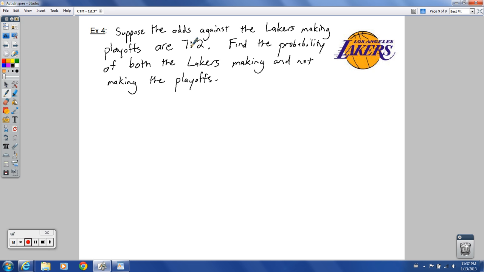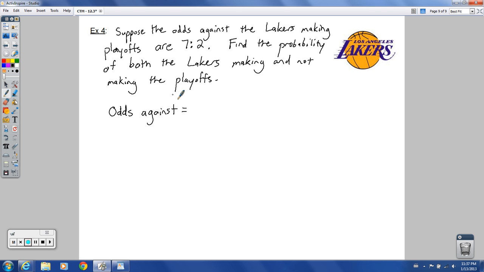So I just made up these numbers, but these could be odds maybe you would see in Vegas when they're placing bets on sports. Not the best idea in my opinion to try to make a living off of that, but some people do it. Some people are good at it. But let's see what we got here.